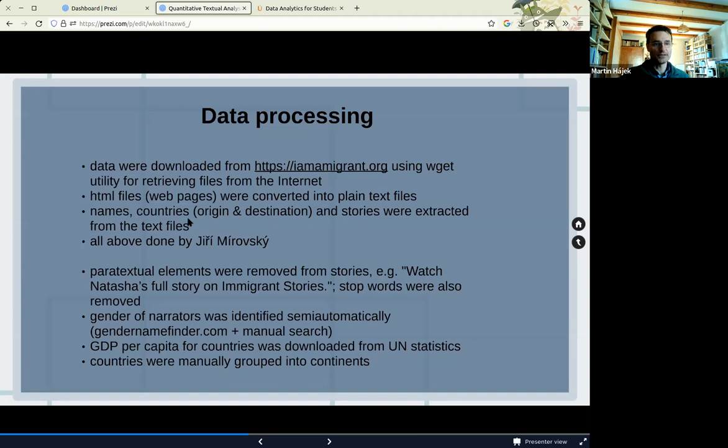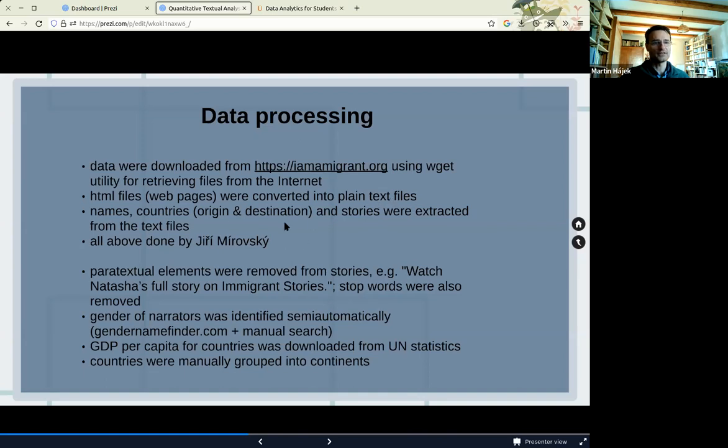You keep countries of origin and destination, and stories. So somebody had to be smart enough to extract only these entities, names, countries, and stories from the text files.